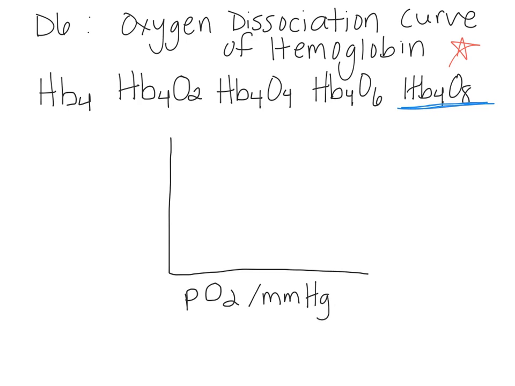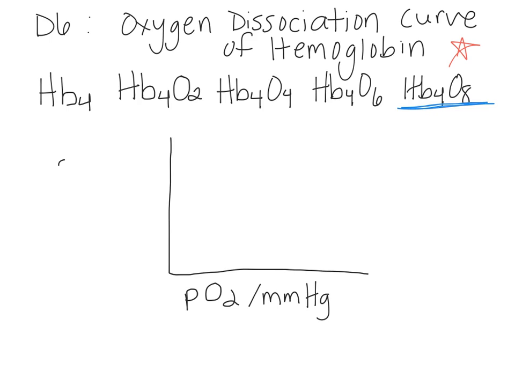So let's take a look at how hemoglobin picks up and gives off those oxygen molecules in what we call a dissociation curve. On the x-axis of this curve, we have partial pressure of oxygen, and that is measured in mmHg, which is a common way that we see pressure measured.